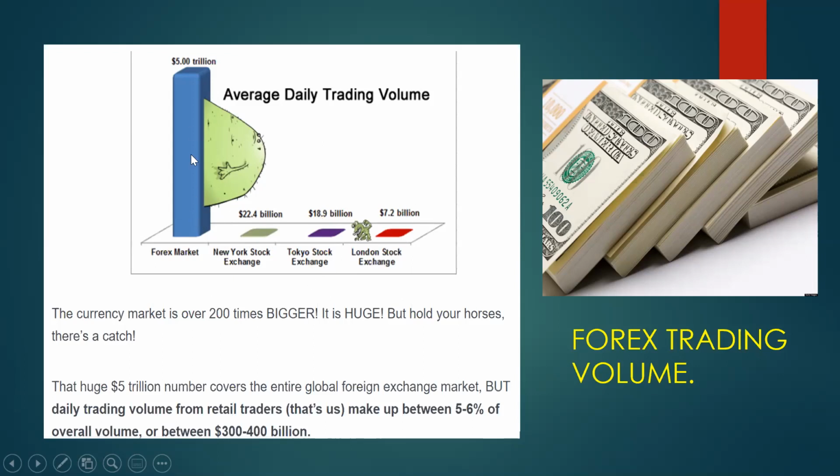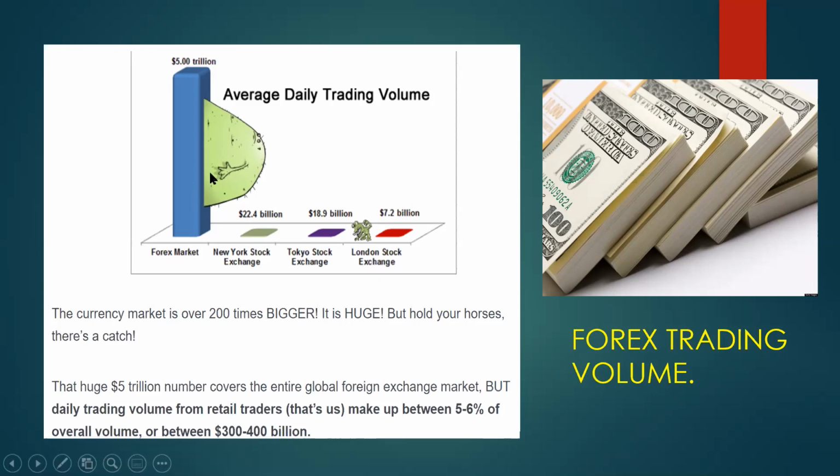Why is the forex market so big? It's because everyone can trade forex. You can trade, I can trade, banks can trade, everyone can trade. But on the New York Stock Exchange, not everyone can trade. It's a business specifically designed for certain people who are authorized to trade. In the forex market, you just need your phone connected to the internet and an account with your broker, and you can trade from the comfort of your home.